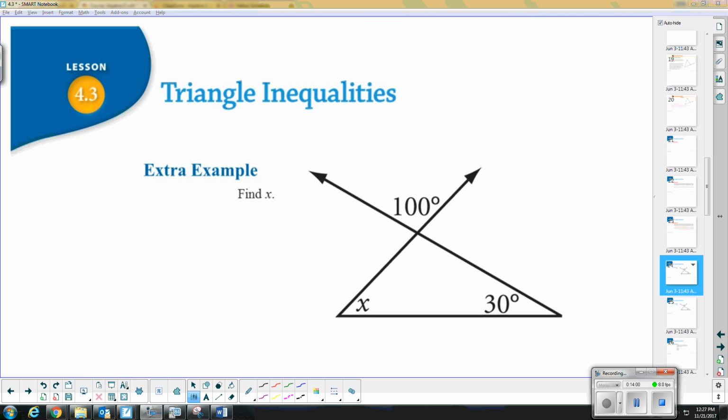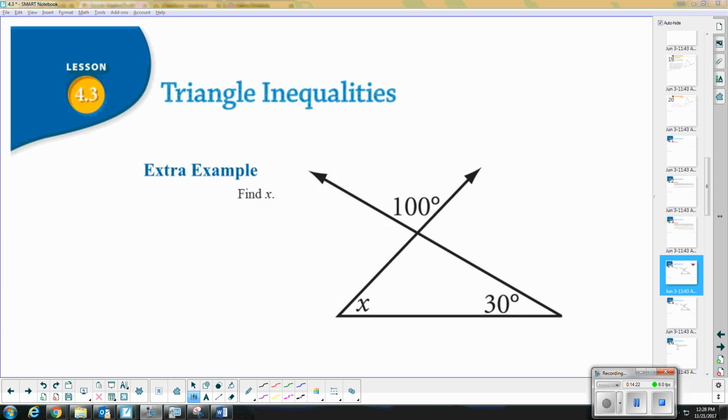All right, so let's move our attention now to that extra example. These extra examples a lot of times are finding the value of X, so we have to use a little bit of algebra too. But we're going to try to use the new conjectures that they give us in each lesson.